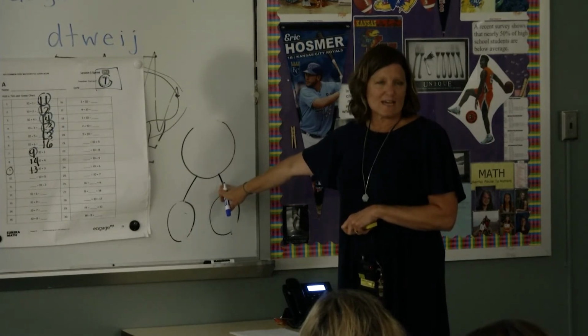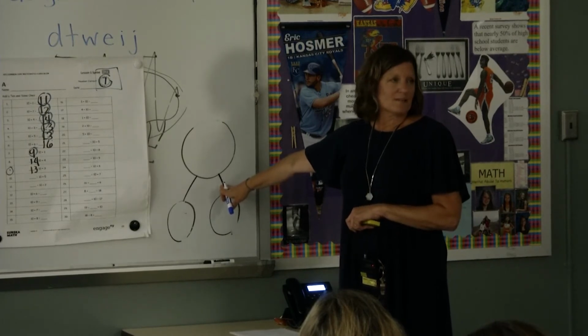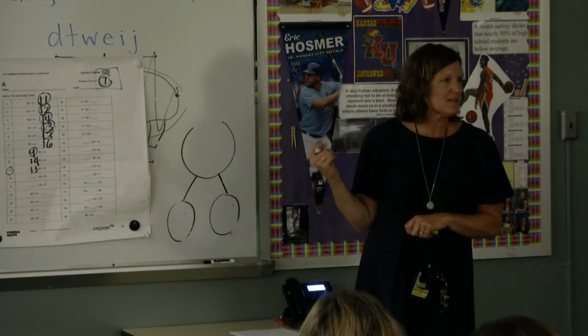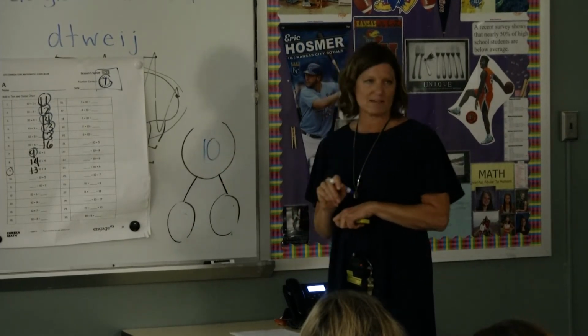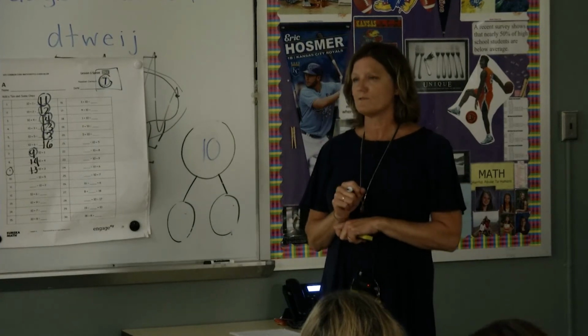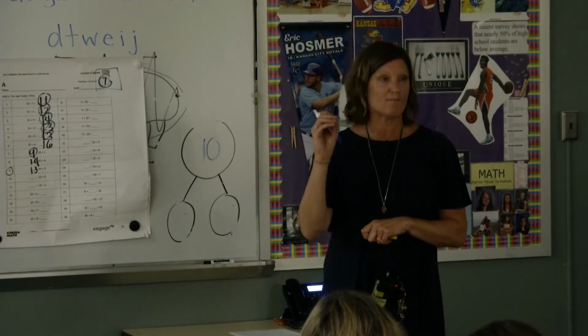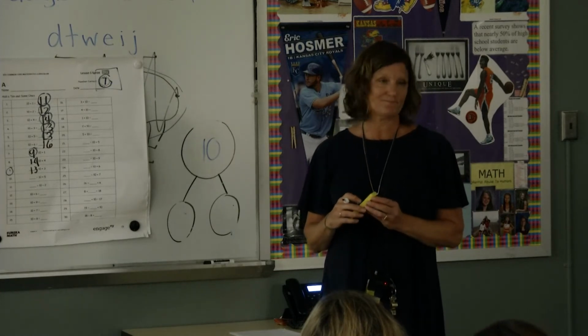Maybe the next day. And there is a template that has a target number. So maybe the next day you say to them, okay, friends, your target number is 10. Work with your partner. Partner A rolls, write it. I mean, you might do that day 4, day 3. I wouldn't do it day 1.